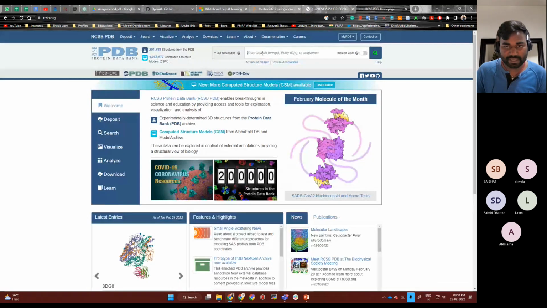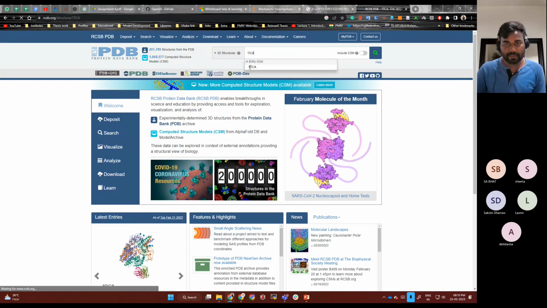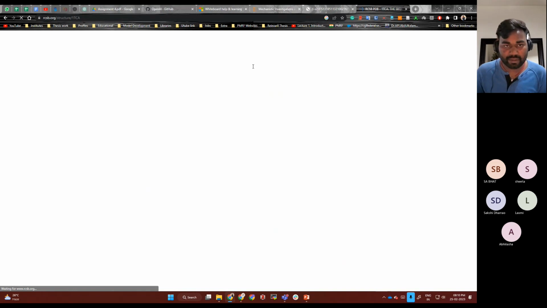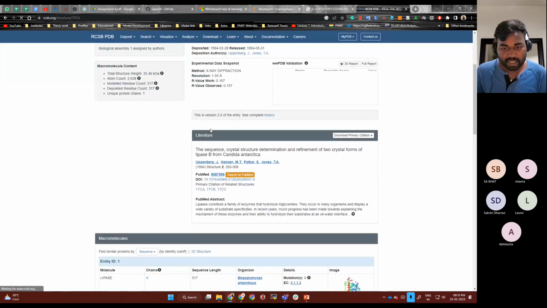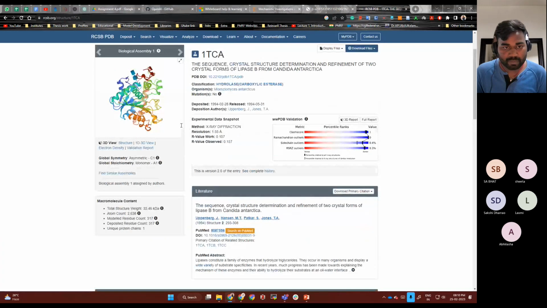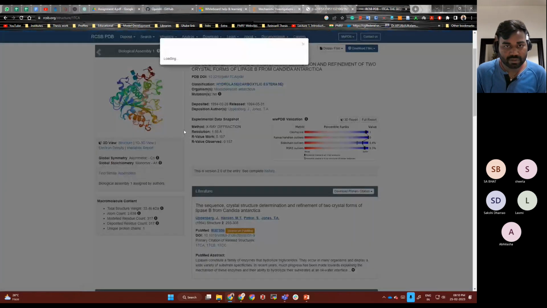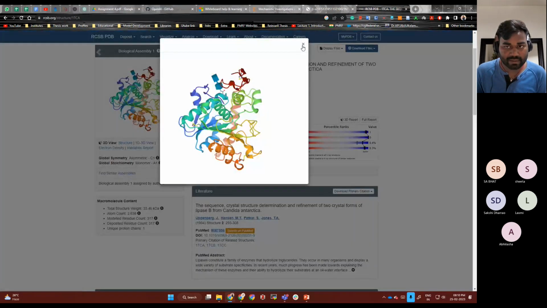Now, if you want to check the structure, how it looks, you check 1TCA. 1TCA is the PDB ID for Candida antarctica lipase B, the enzyme that I worked on. Okay, and it will pop up this structure. So this is how the enzyme looks.